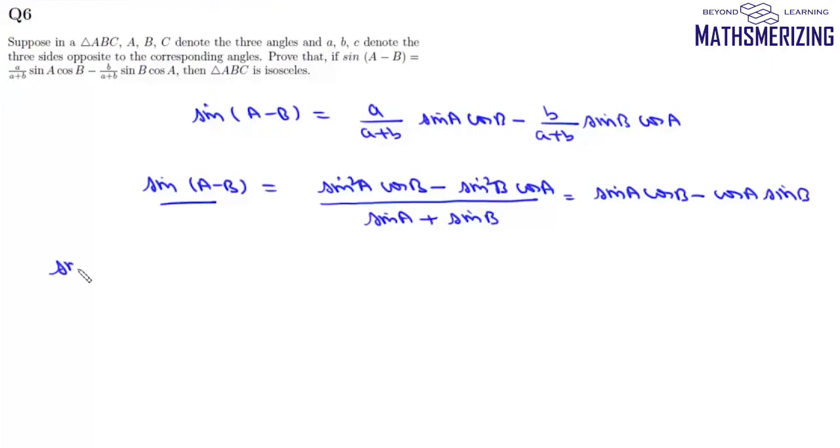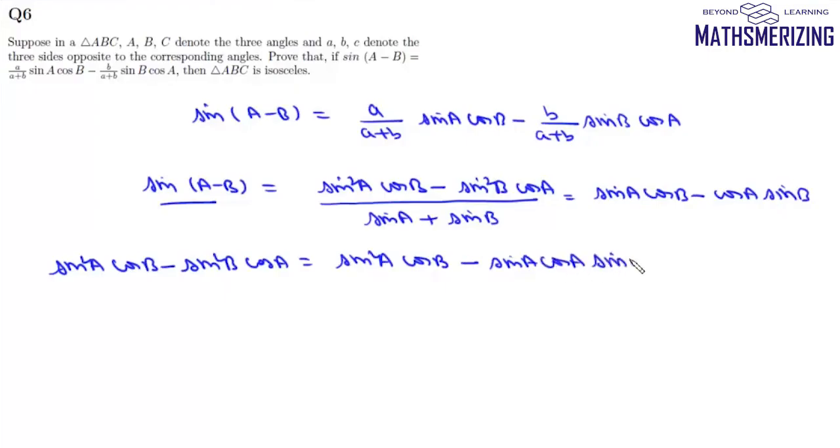So we can write sin square A cos B minus sin square B cos A, and it'll be equal to sin square A cos B minus sin A cos A sin B plus sin A sin B cos B, minus cos A sin square B. Now sin square A cos B will cancel, and sin square B cos A will also cancel.